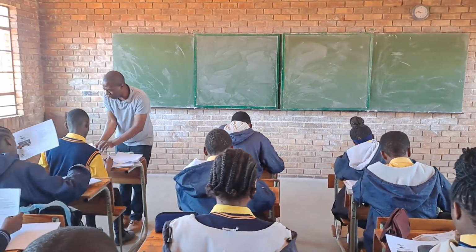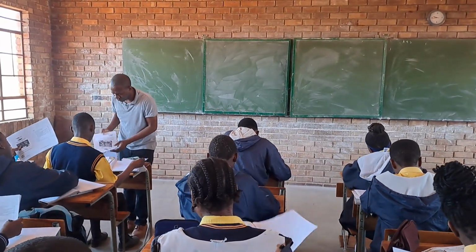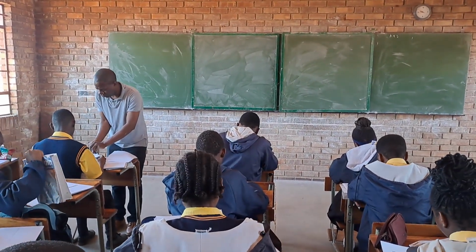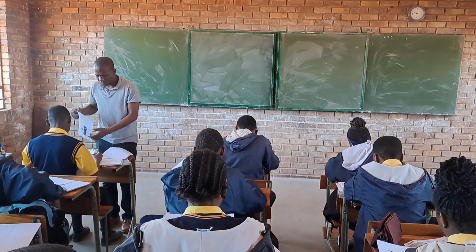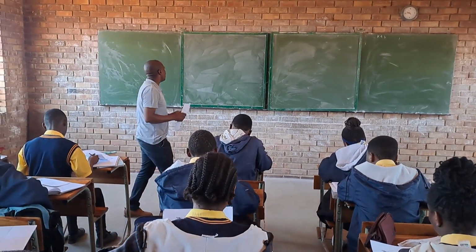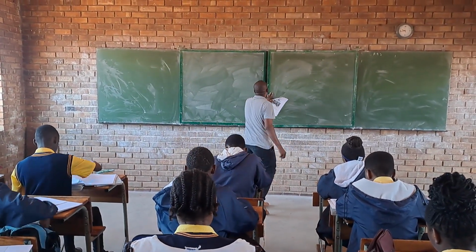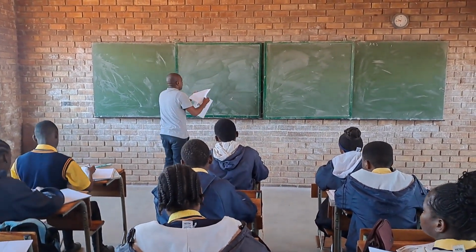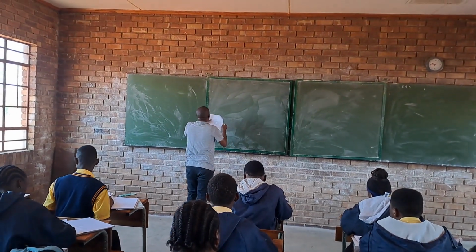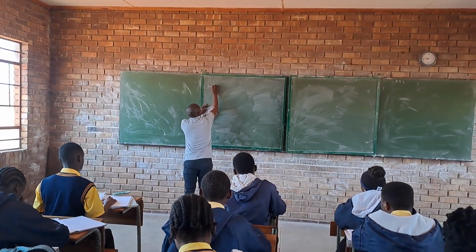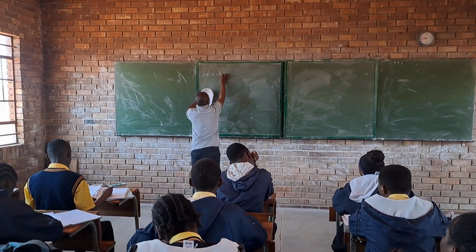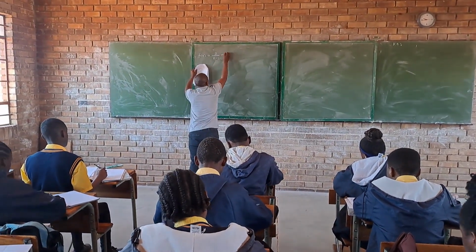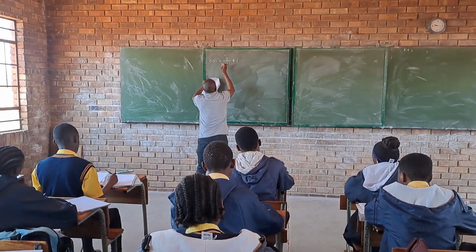What are we given in the first tutorial? F of x equals 2 over x minus 1, plus 1. That's the first function, and this is our function.